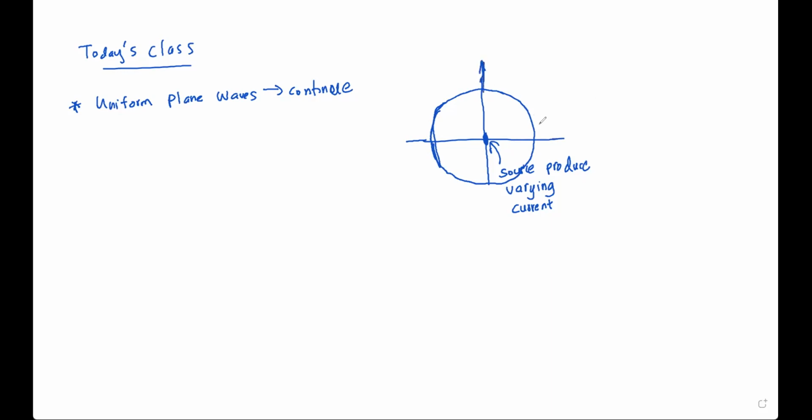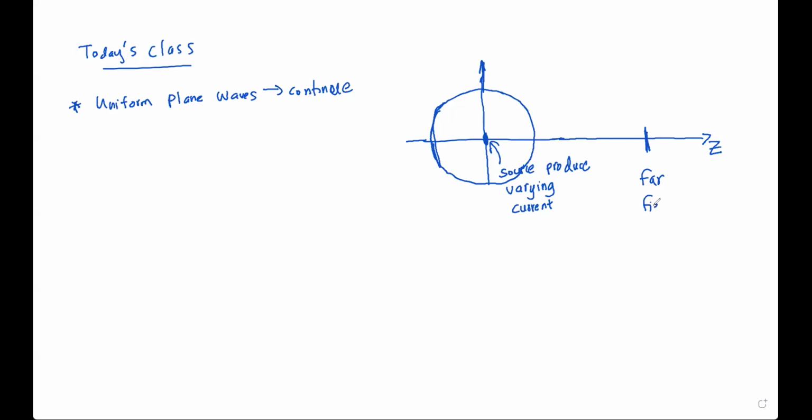If we move a little bit further along the antenna, along the z-axis, let's say this is the z-axis, and go considerably far from the source, then we say that we are in the far field, right?